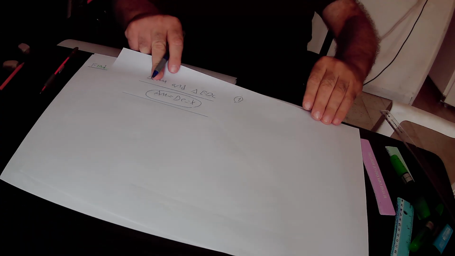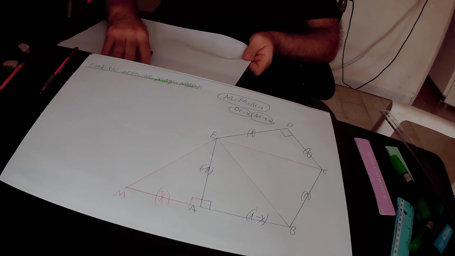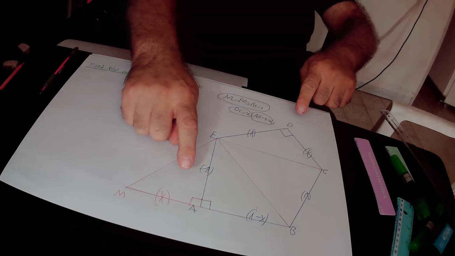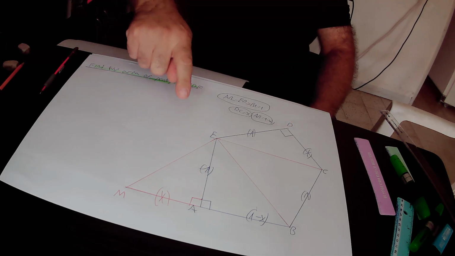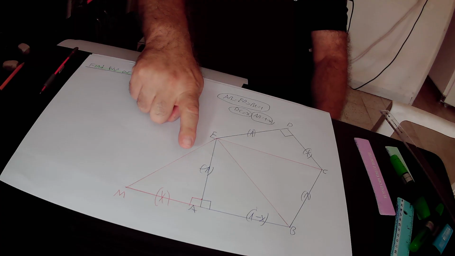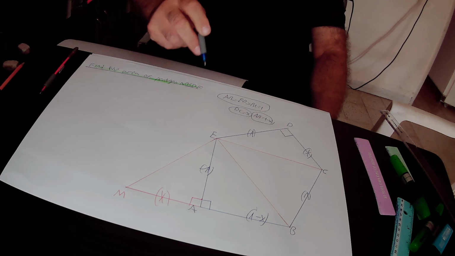In addition, those two angles are both equal to 90 degrees and therefore they are equal to each other. So this is angle EAM in the right triangle EAM.